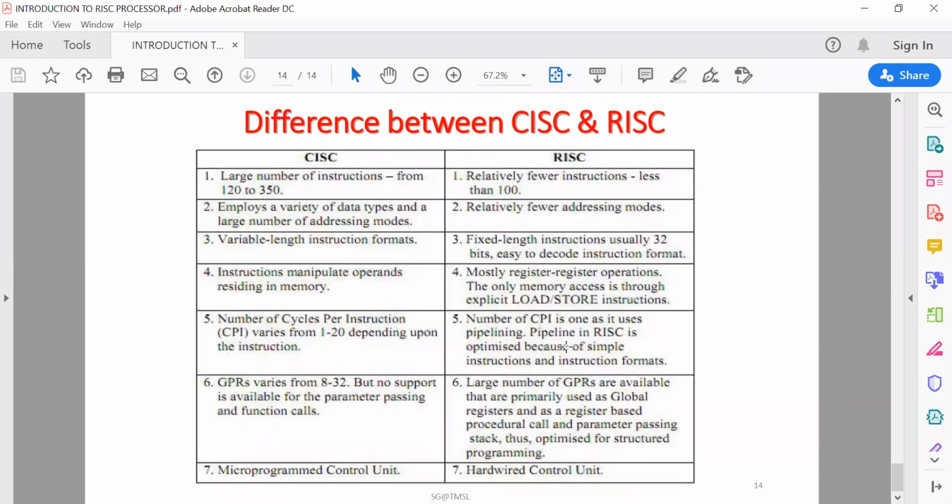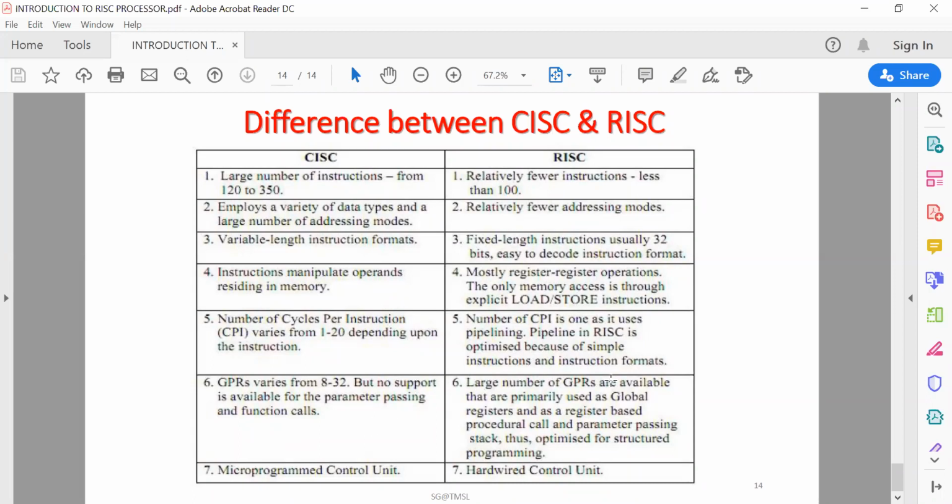Pipelining in RISC is optimized because simple instructions and instruction formats are available. In CISC, general purpose registers vary from 8 to 32, but no support is available for parameter passing and function calls, which are done with macros and procedures.